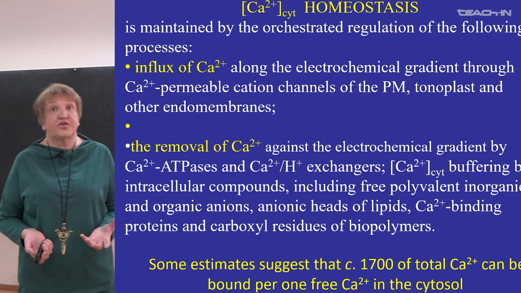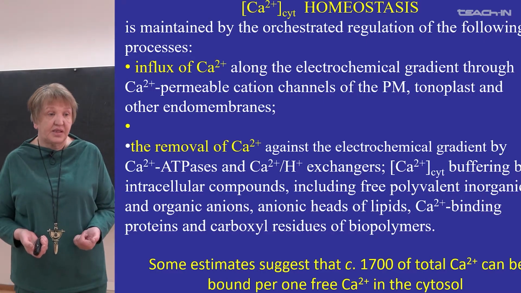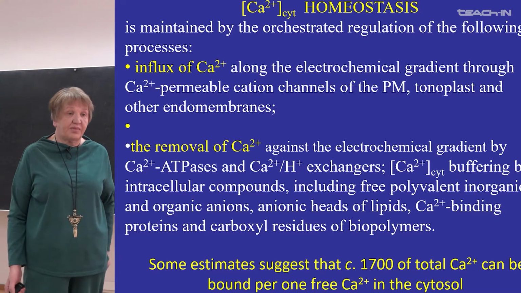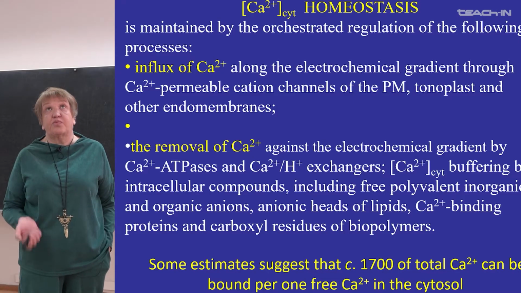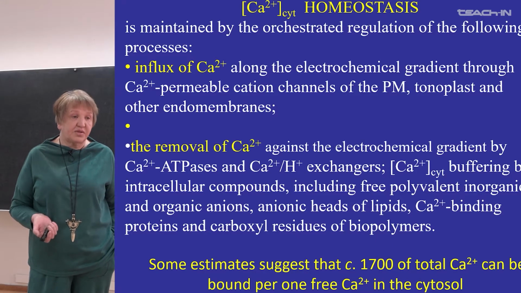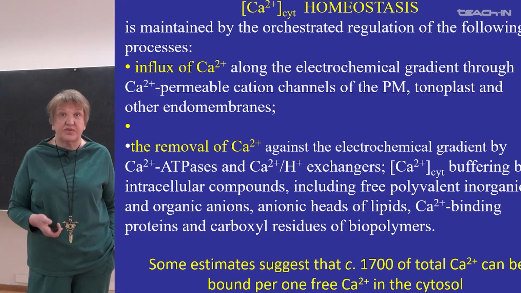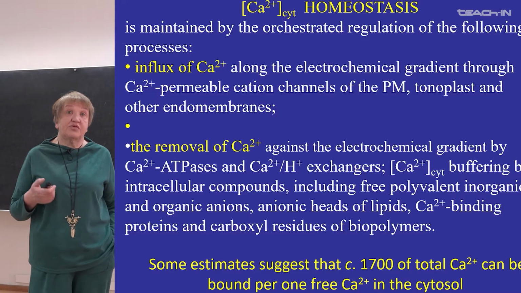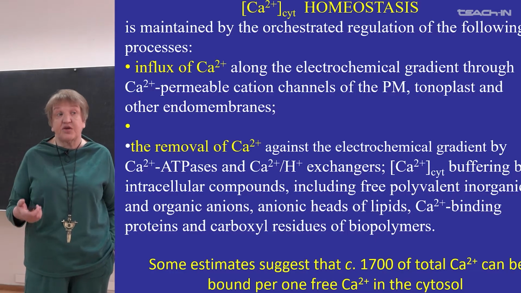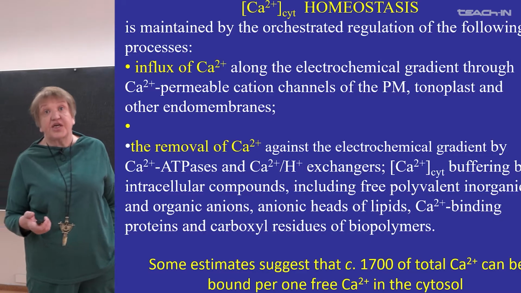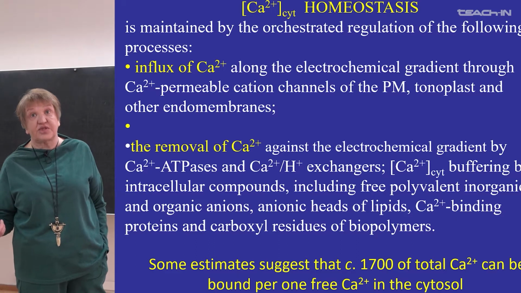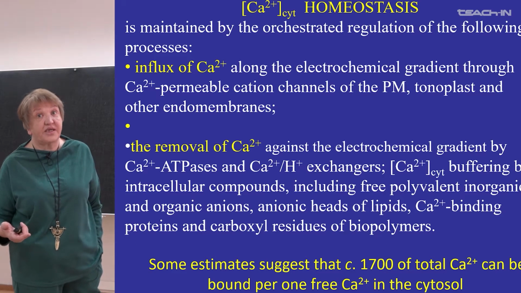So how is calcium homeostasis maintained? First, there is influx of calcium along the electrochemical gradient, through calcium permeable cation channels at the plasma membrane, tonoplast, and other endomembranes. And then there is removal of calcium, which is again very important. For example, for the calcium signature, removal of calcium, a decrease in calcium concentration, is just as important as an increase.